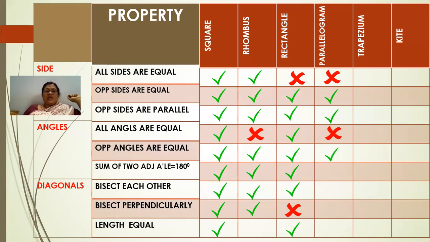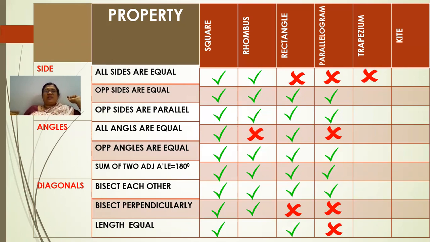So the opposite angles will be equal, and when you add the adjacent angles, what will be the sum? That is 180 degrees. Yes, correct. Diagonals, in a parallelogram, the diagonals will bisect each other. Do they bisect each other perpendicularly? No. How about the length of the diagonals? Are they equal? No, they are not equal.